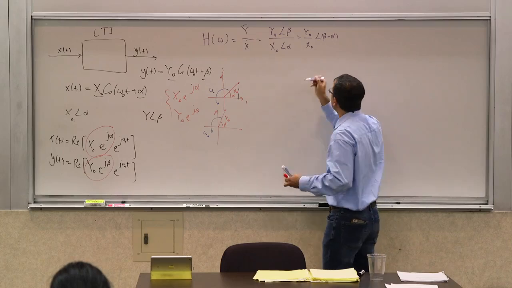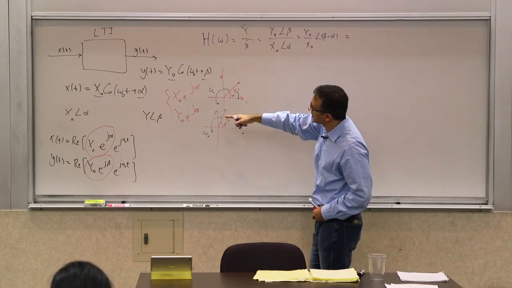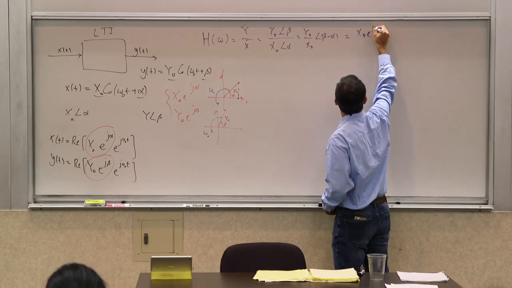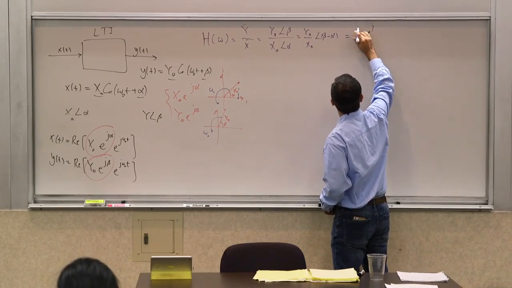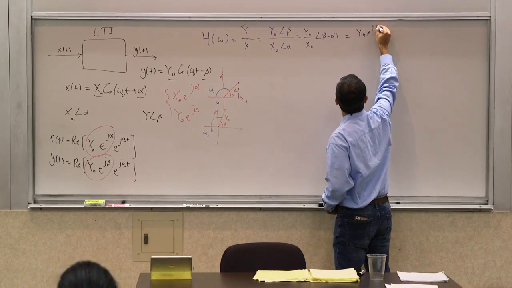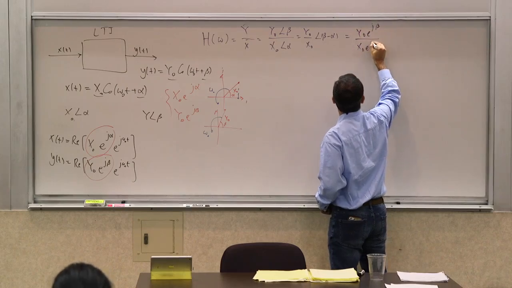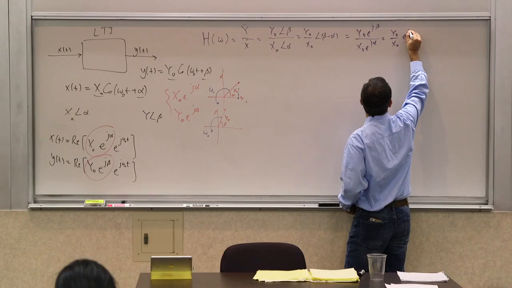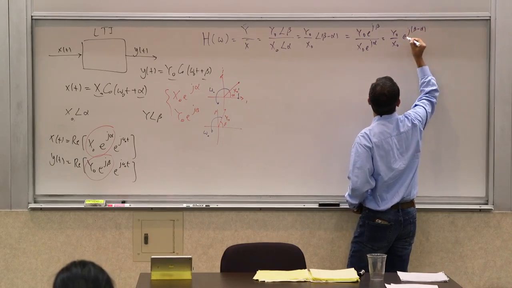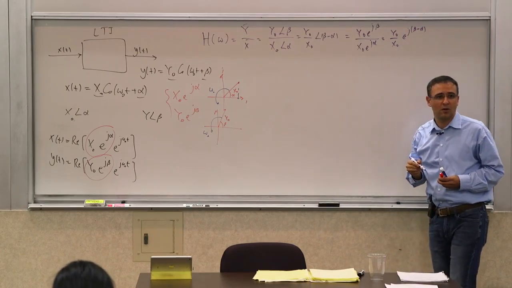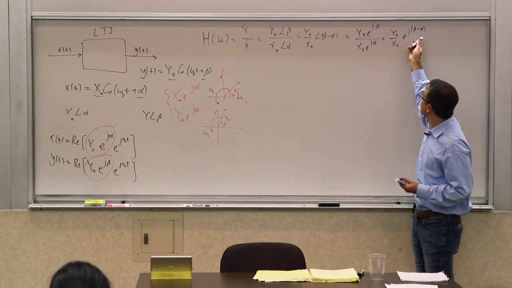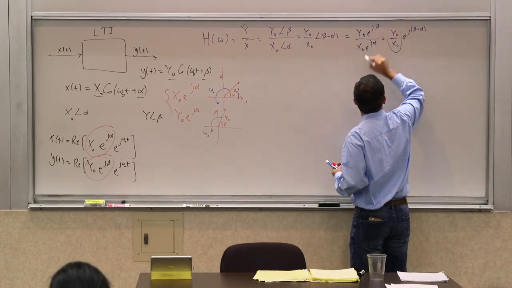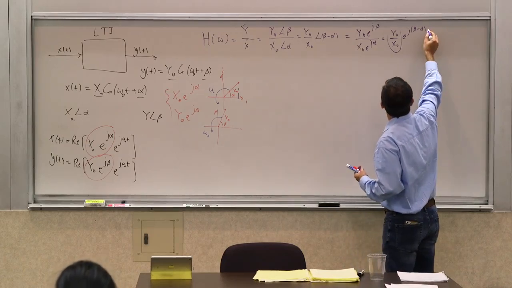An easier way to see this is if you write these as those complex quantities. If you write it as x naught e to the j alpha, y naught e to the j beta, then the ratio is y naught over x naught e to the j beta minus alpha, right? Which produces the same result. It's the phase difference. So the magnitude of this transfer function is this, and the phase of it is that.